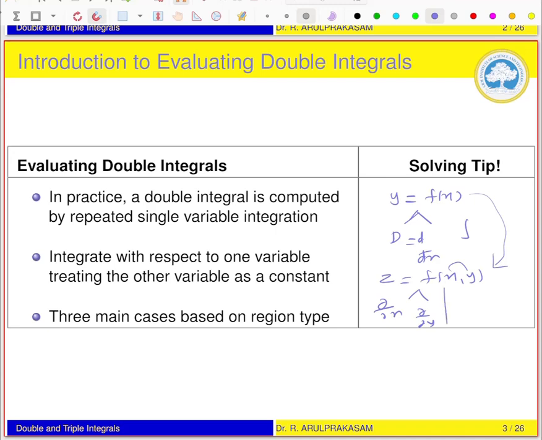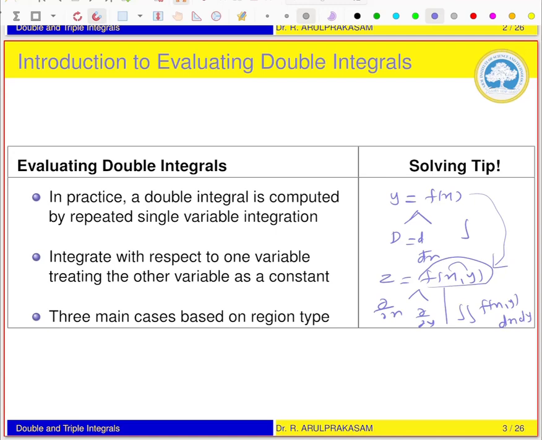That is the motivation for this topic. So how can I integrate? Here I have to define the integral of f of x comma y dx dy. This is the structure of the double integral. This is the main motivation for the introduction of this unit.